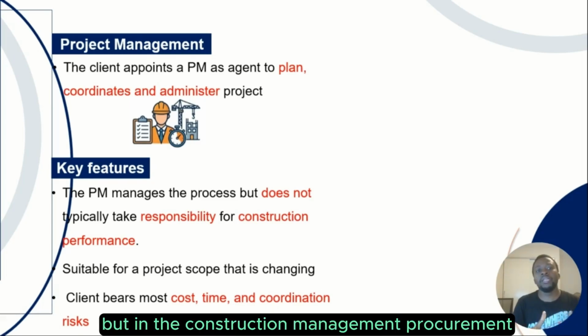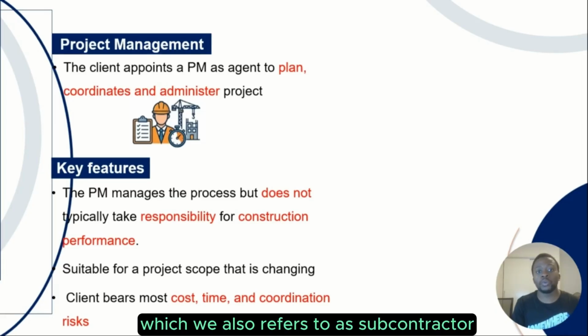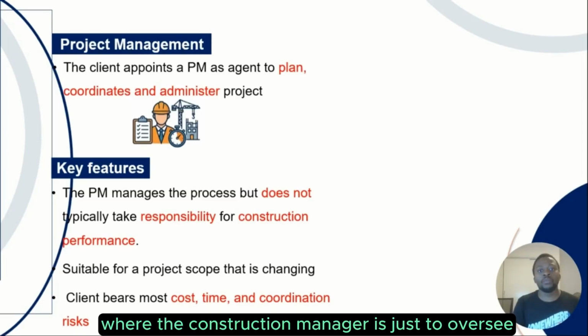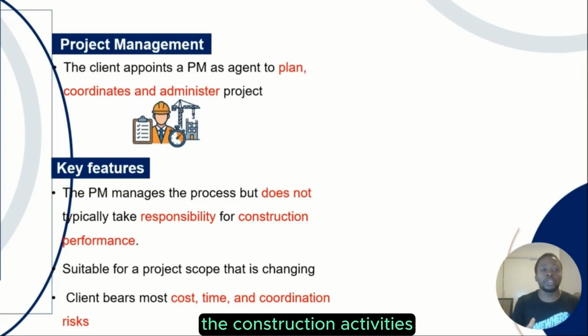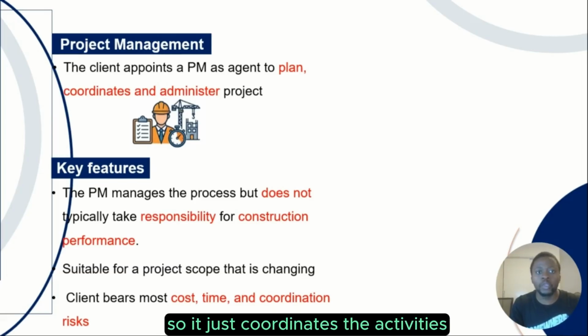But in the construction management procurement, there are trade contractors, which we also refer to as subcontractors. So the client is the one that appoints the trade contractors, where the construction manager is just to oversee the construction activities and the process of the construction activities. So he just coordinates the activities.